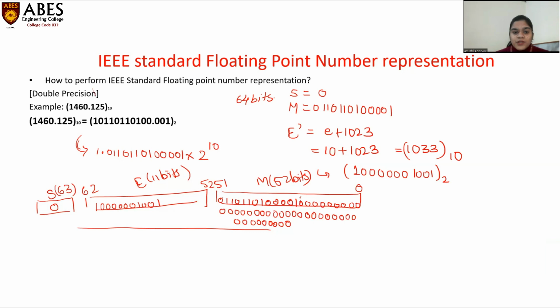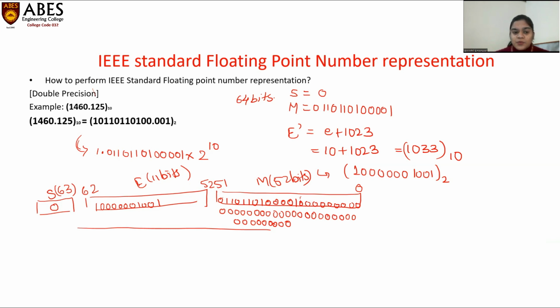First of all, you will have your decimal value. First, convert this decimal value to its equivalent binary value. Then, second step, normalize your binary value to get a normalized Mantissa.